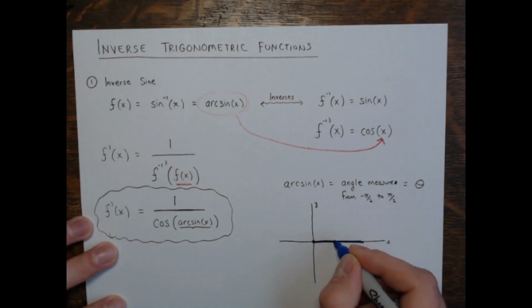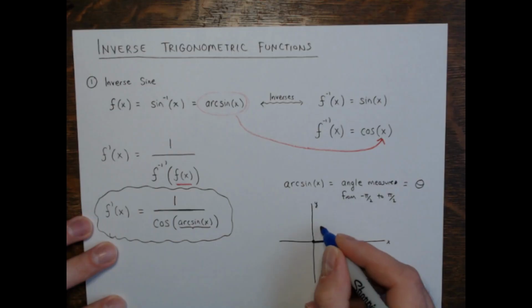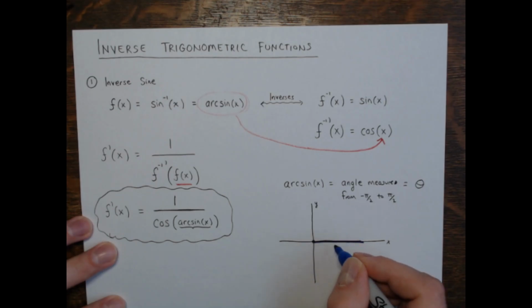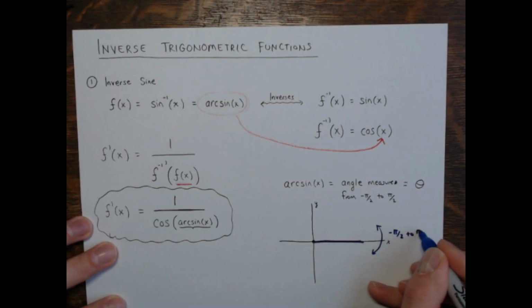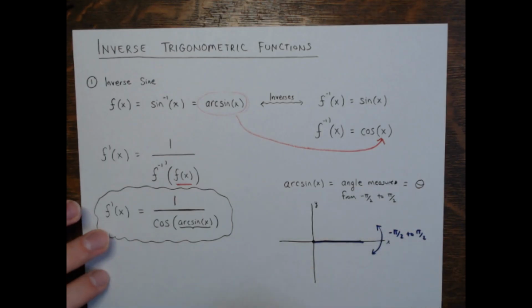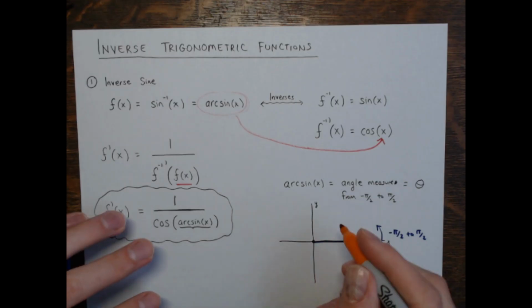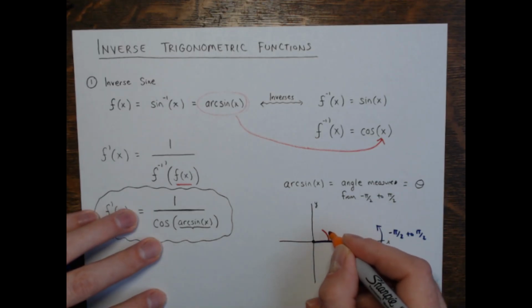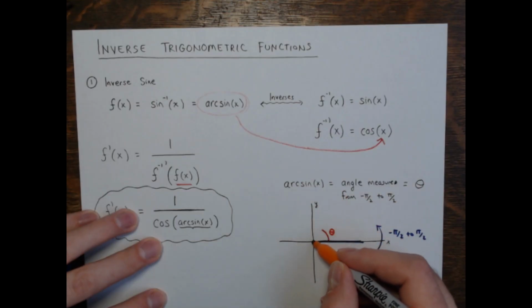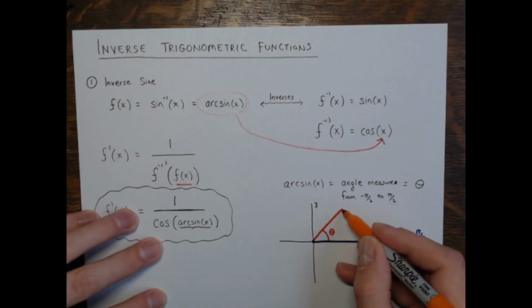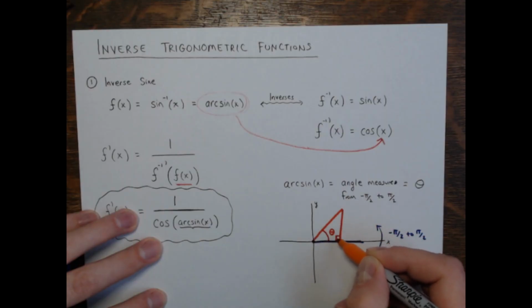Remember negative angles are clockwise, positive angles are counterclockwise, so negative pi over 2 to pi over 2 is just the right half of the plane. So I'll start initially in quadrant 1. Let's say this angle, this inverse sine of x, this theta, is here in quadrant 1.